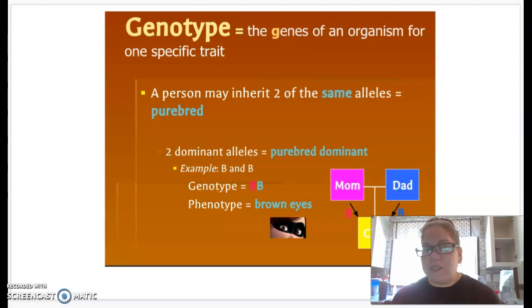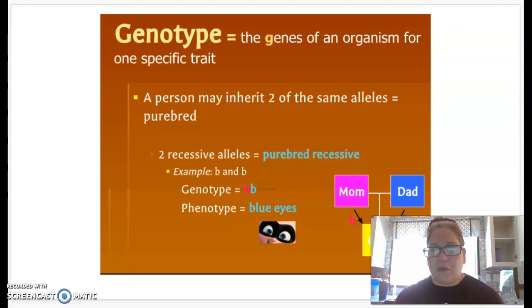Of course, because mom has brown eyes and dad has brown eyes, the child is going to have brown eyes. Now, when we look at recessive genes, if mom has blue eyes, which is a lowercase b, and dad has blue eyes, which is a lowercase b, then the child is going to have two recessive genes and you're going to be seeing the blue eyes.